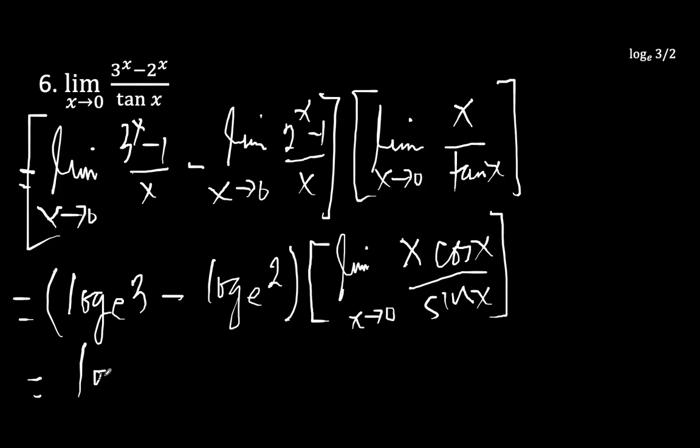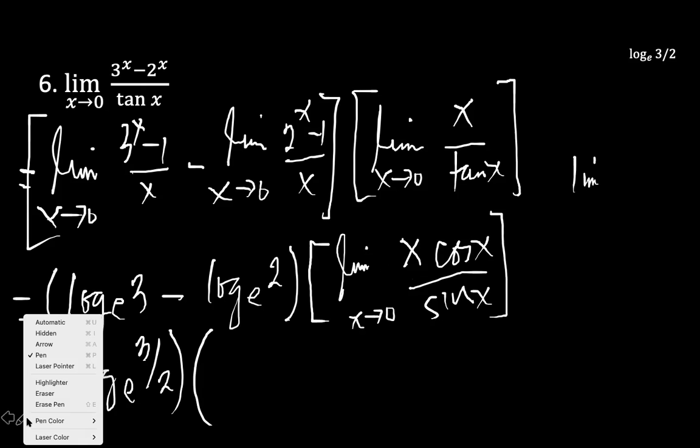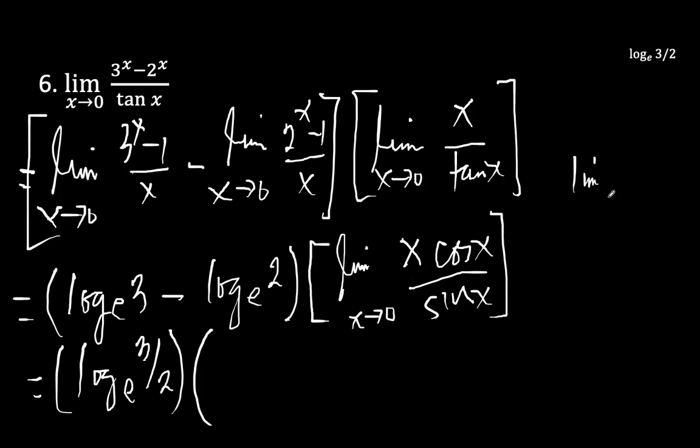So let's simplify the given expression here. We have log of 3 over 2 using the property of logarithm. Since it's minus, then we divide the numbers 3 and 2, the arguments. Since I can see x over sine x, I know that there's a theorem. Let's recall a given theorem about the limit of a trigonometric function.